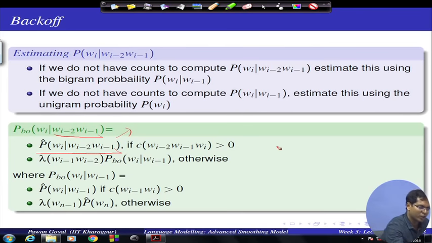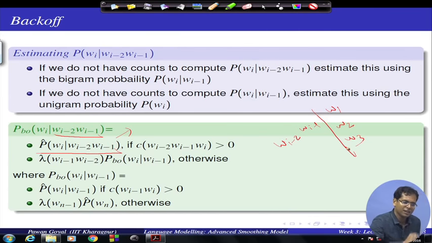You are doing it after wi-2, wi-1, and finding it for various words W1, W2, W3. Suppose this occurs 3 times, this occurs 2 times, this occurs 0 times. Once you use the MLE estimate, this will have a probability of 3 by 5, this will have a probability of 2 by 5, and suppose there is no other bigram, this will have a probability of 0.